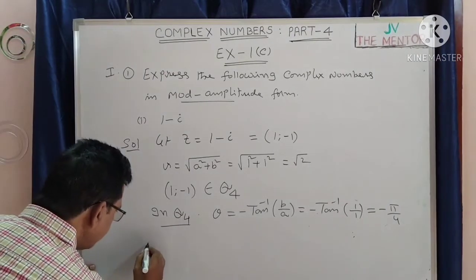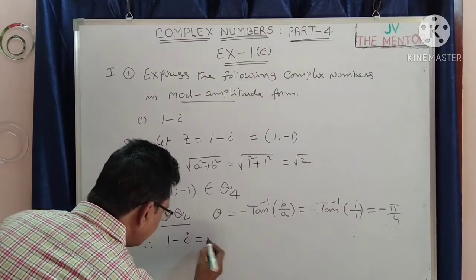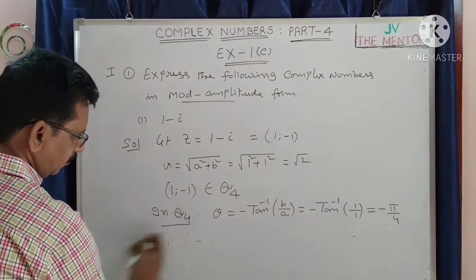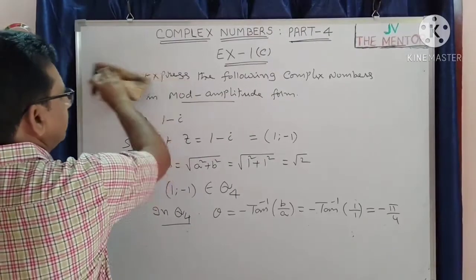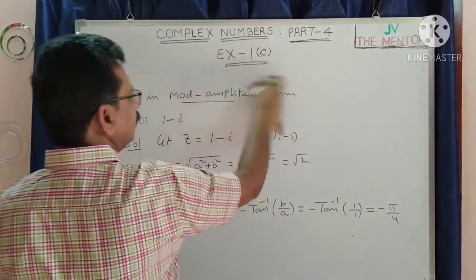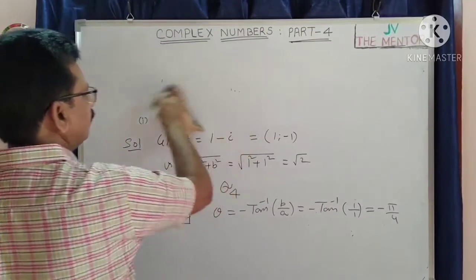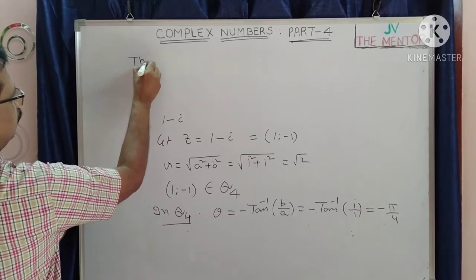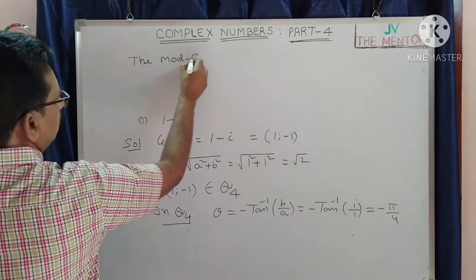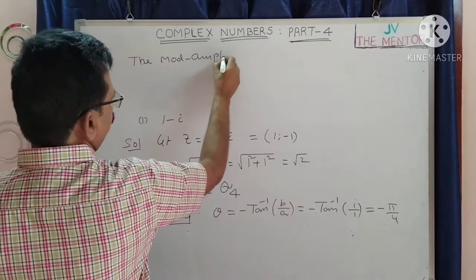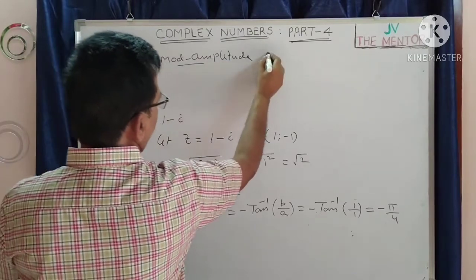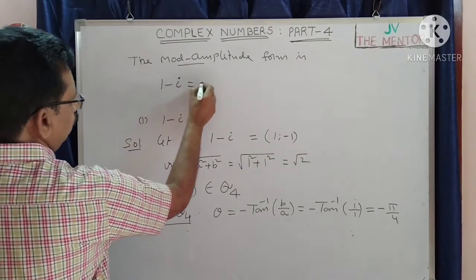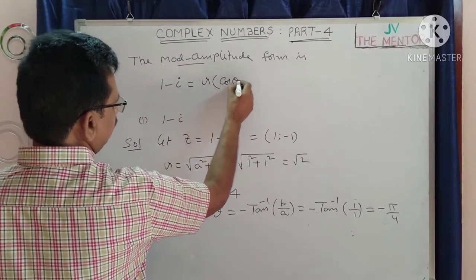Therefore, the modulus amplitude form is 1 minus I equals R into cos theta plus I sin theta.